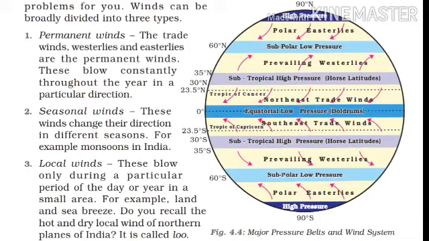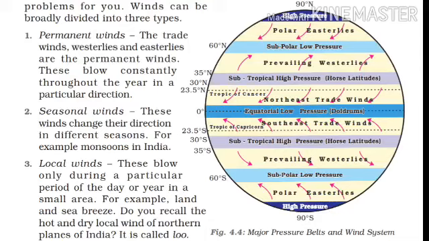And now we come to westerlies. What are westerlies? The winds blowing from the subtropical high pressure belts to the subpolar low pressure belts are known as the westerlies. Students, take care on this matter.